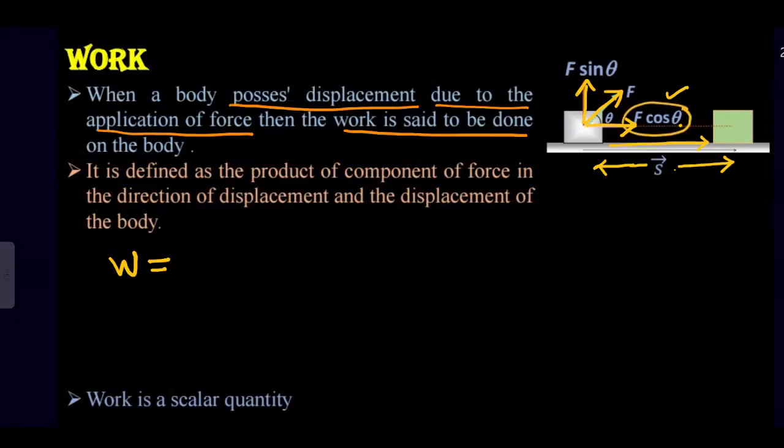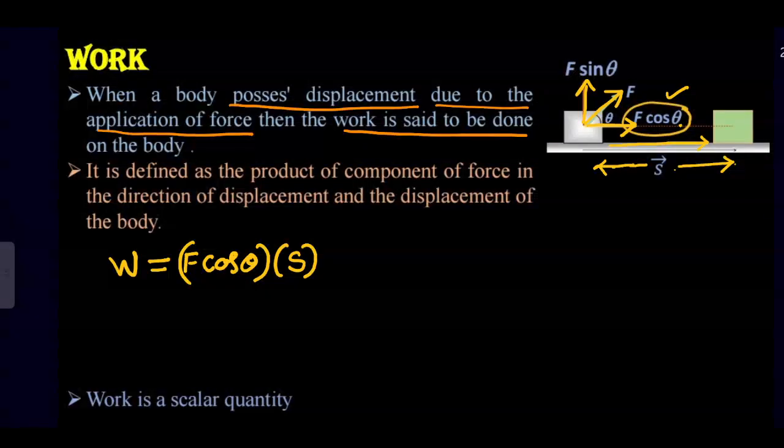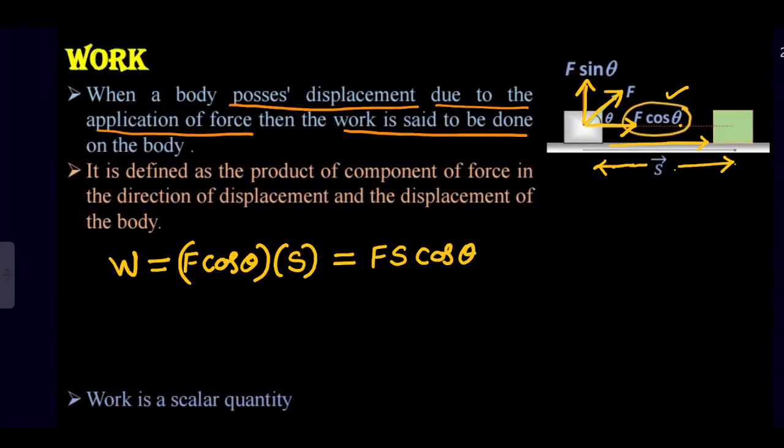So we can write work done as F cos theta into the displacement S. Now this can also be written as F S cos theta, where theta is the angle between the force and the displacement.